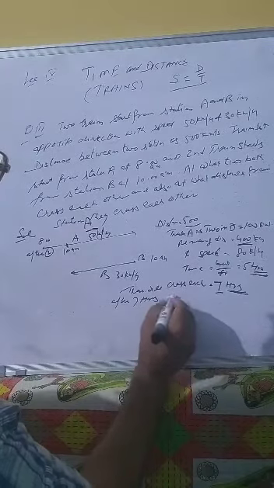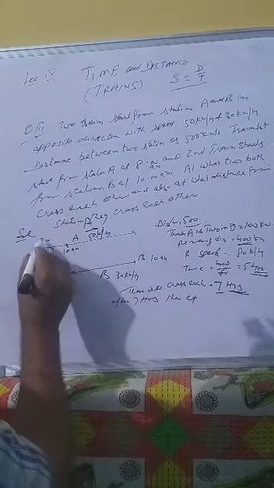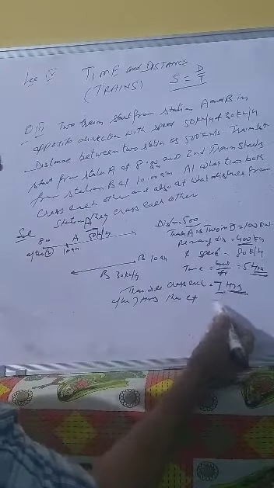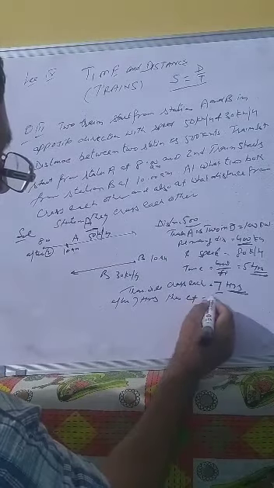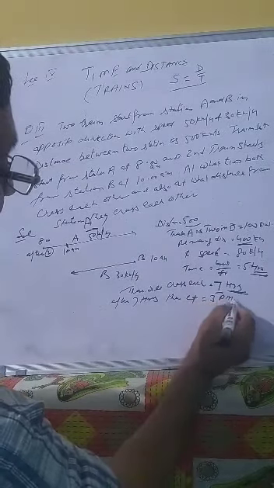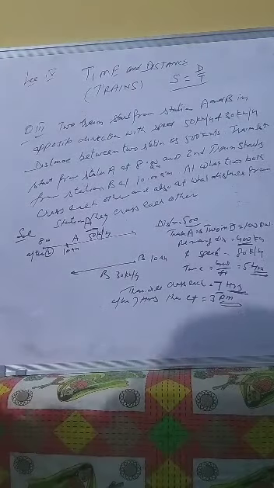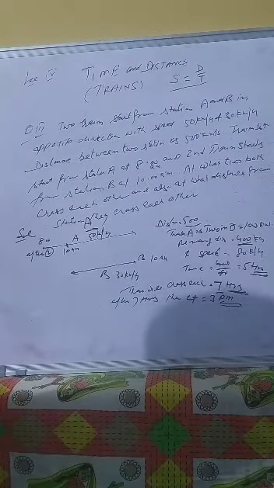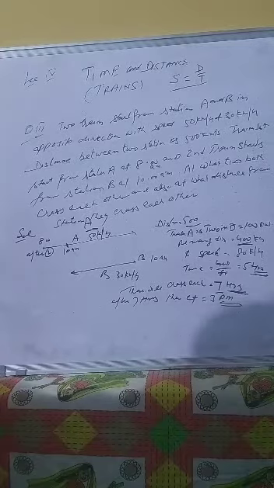They meet at 8 plus 7, it is 15. 15 means 3 p.m. At 3 p.m. both trains will meet.